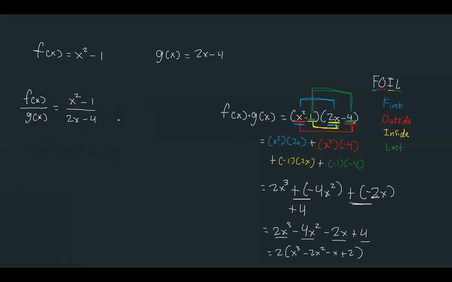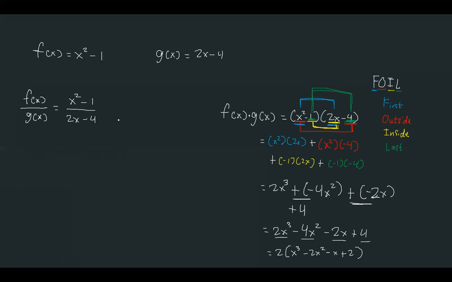Before we say that this is our final answer, we need to take a very close look. Is it simplified? When I say simplified, meaning it is no longer factorable, no cancellation, no factoring, and such. So is this simplified?